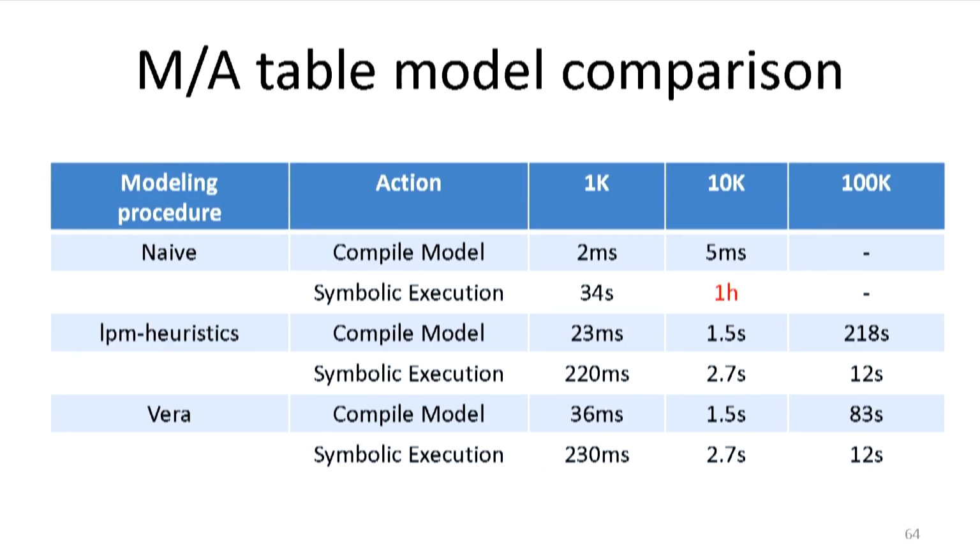We implemented this and tested against some other model generation techniques. And I won't spend a lot of time on this table. I just want to show you two things. First of all, the naive approach quickly runs out of time. It takes 1 hour for rather small tables.